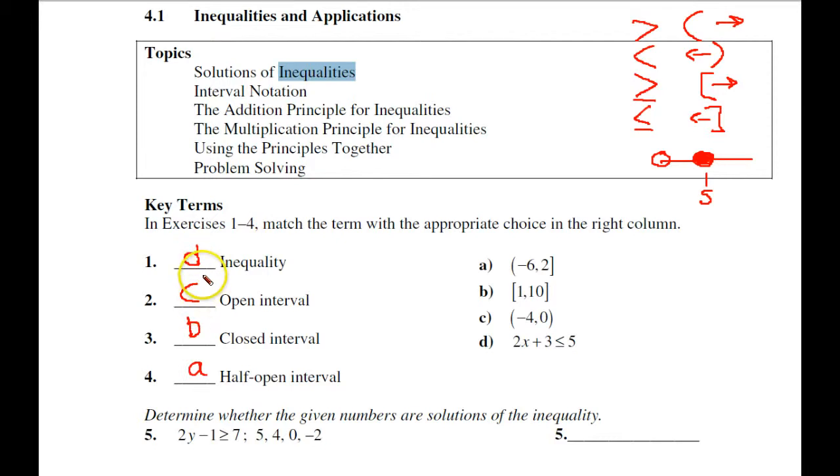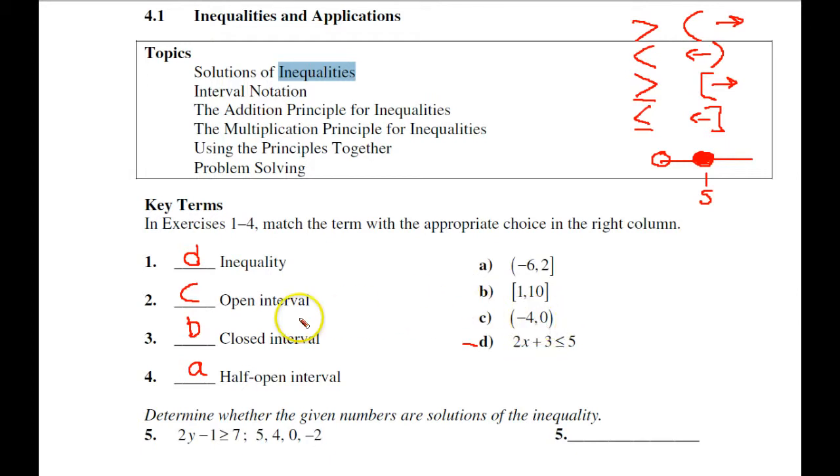So going over these then, for the typical inequality, open interval, it's where we have parentheses on both sides. Again, that indicates these are in interval notation that the -4 and the 0 are not in the set, but what is between them.